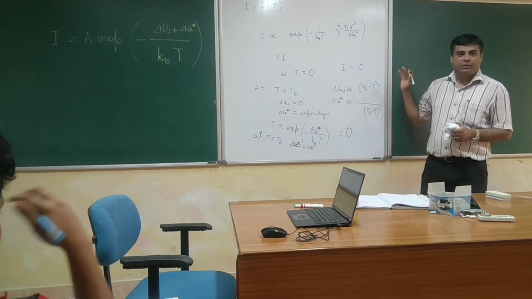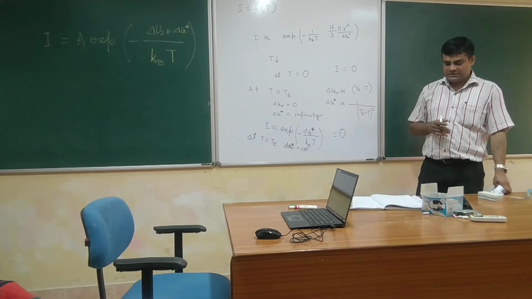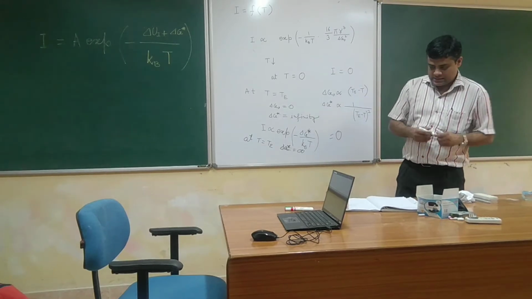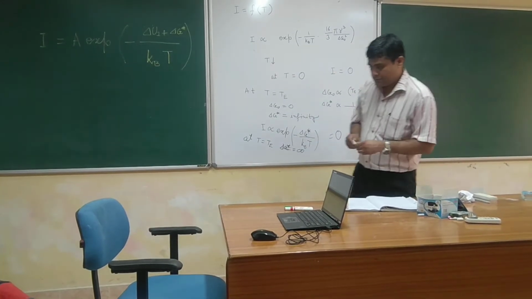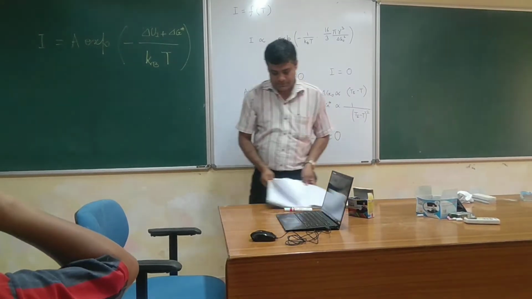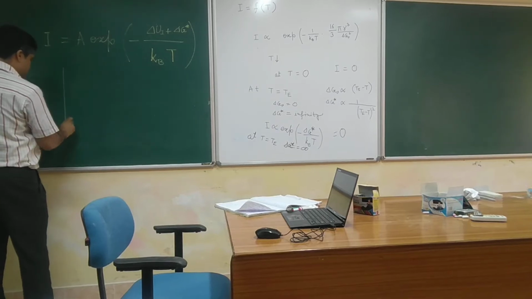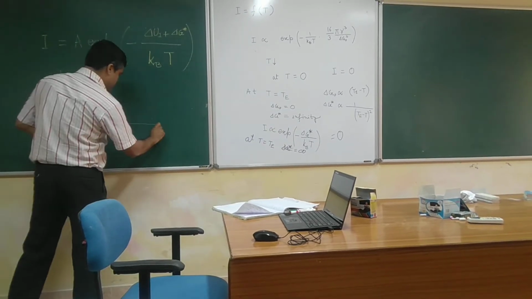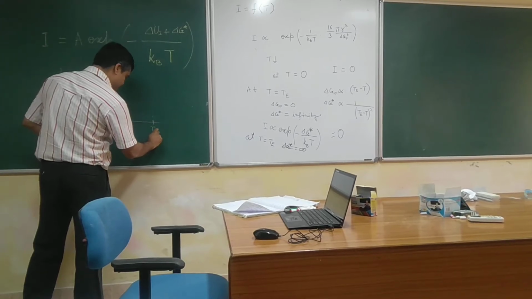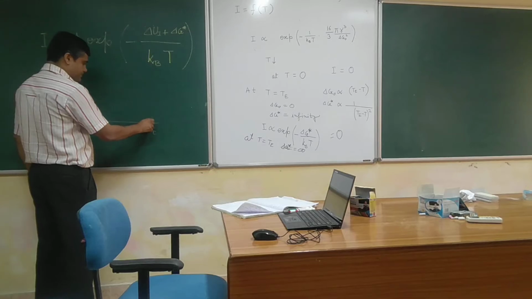So I is 0 at T equal to TE, and I is 0 at absolute 0 temperature. So this is TE, I is 0.